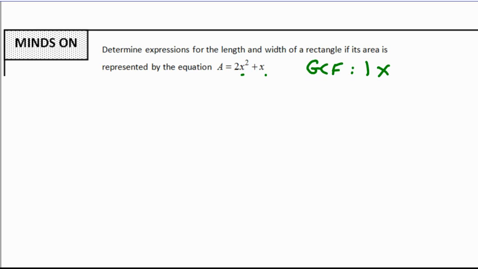So if we were to factor that out, and then again, it's putting it in terms of length and width. When it says to put in terms of length and width, we're really just looking for two factors, and usually it's the monomial in front and the binomial inside the brackets. So if we remove 1x, and we go 2x squared plus 1x, because that's a 1x right there.